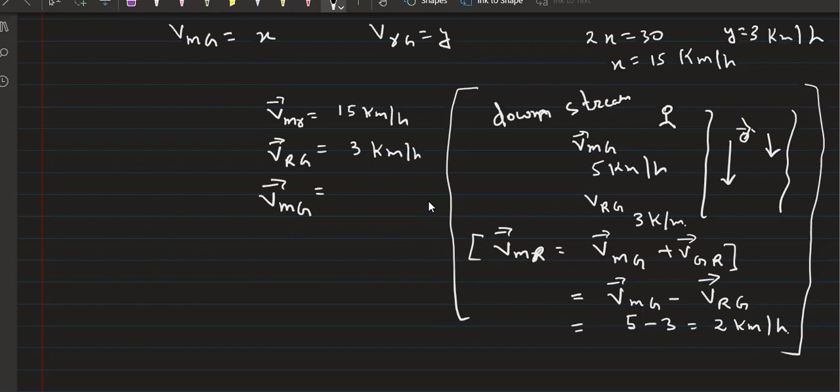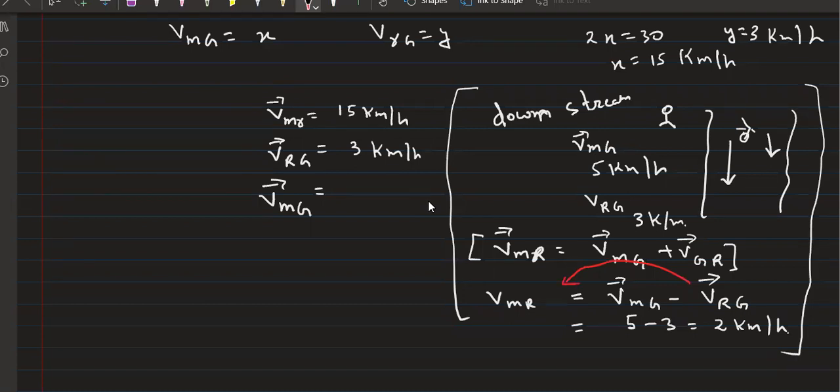Now it seems easy, right? Just see the second equation. So this will go this side. So velocity of man with respect to ground is velocity of man with respect to river plus velocity of river with respect to ground. You will just take this term to this side. Got it, everyone?